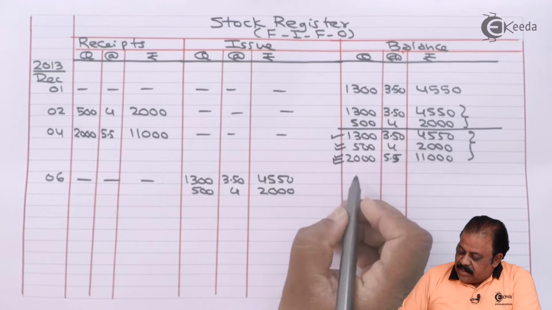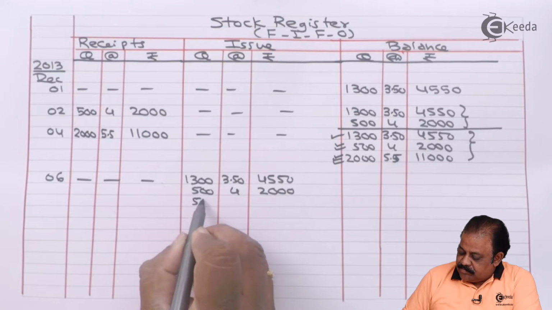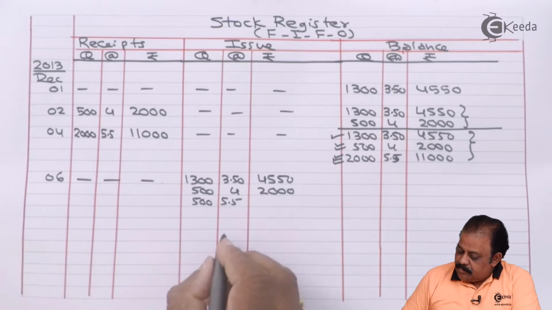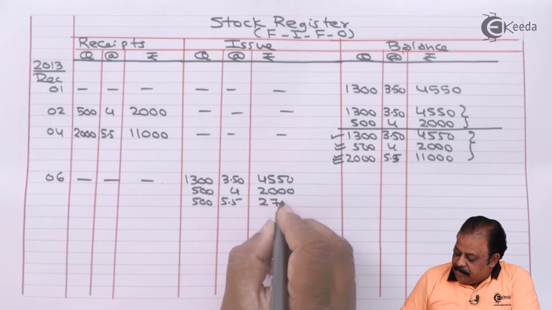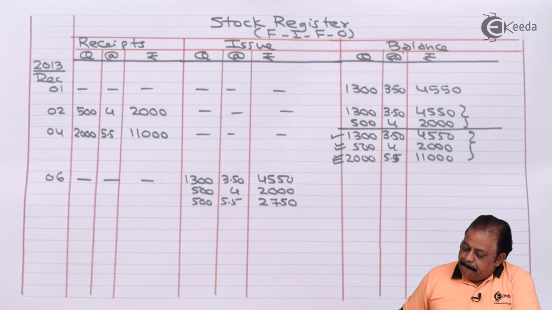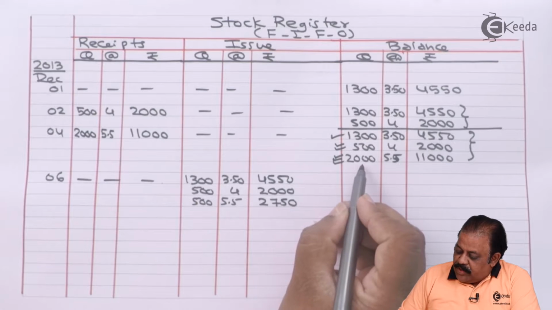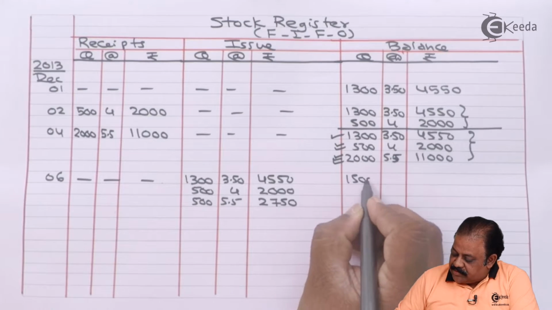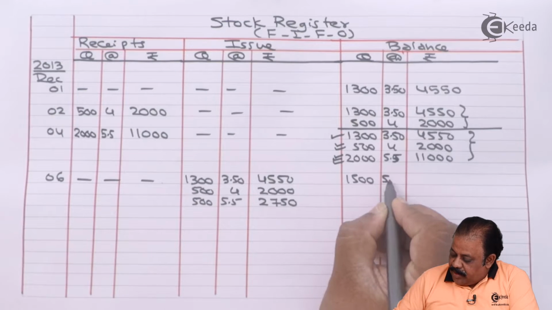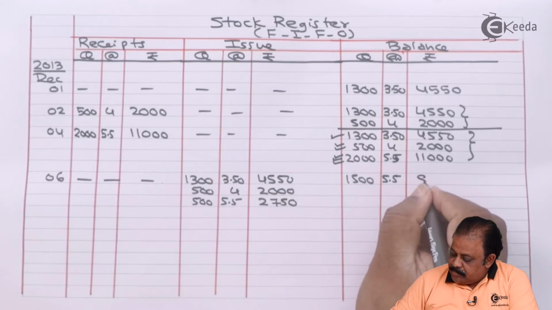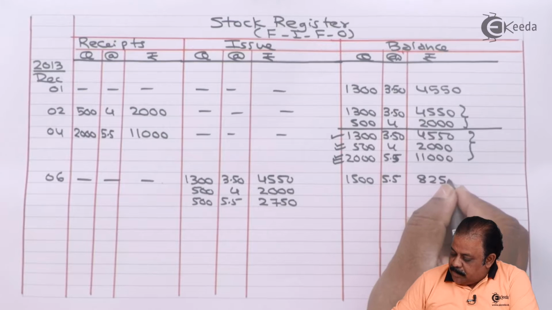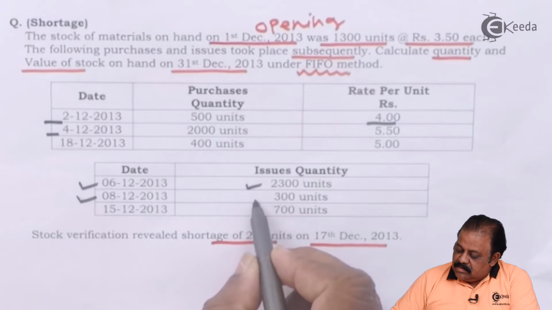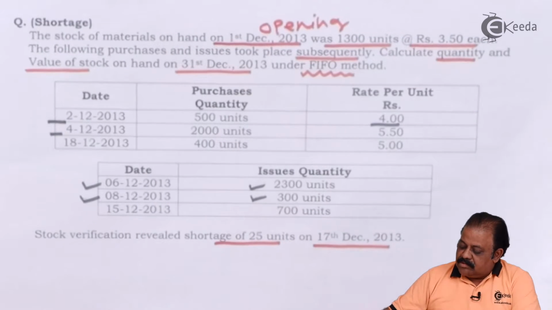And next 500 will be taken from last lot, 2750. So out of 2000, 500 units are issued. So balance 1500 units at the rate of 5.5, 8250 rupees.